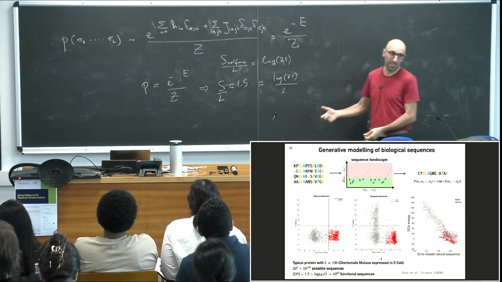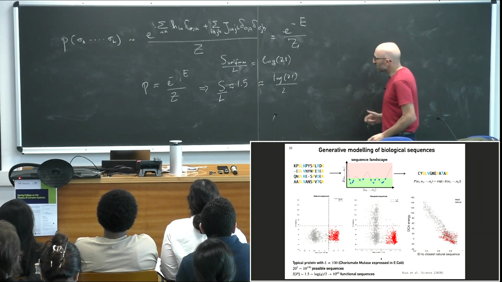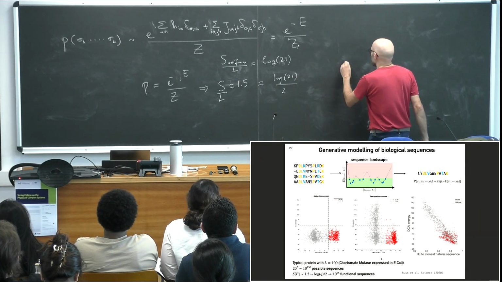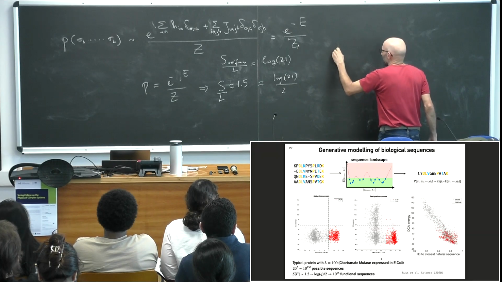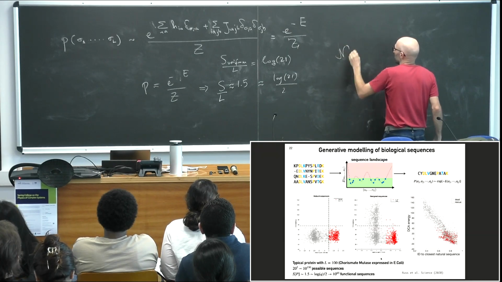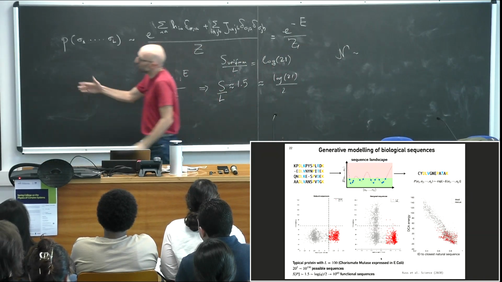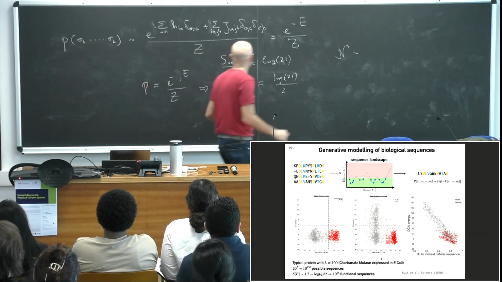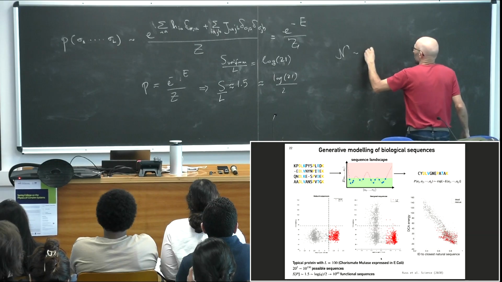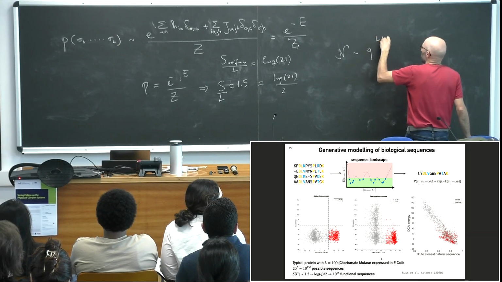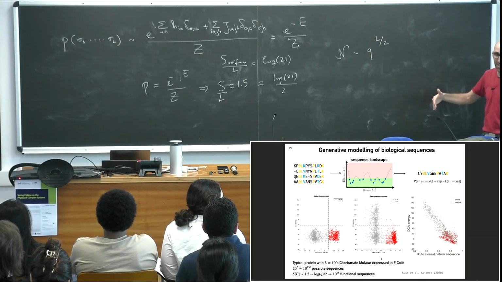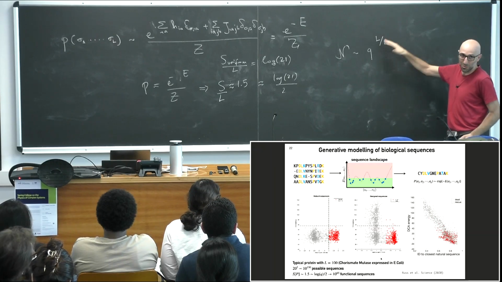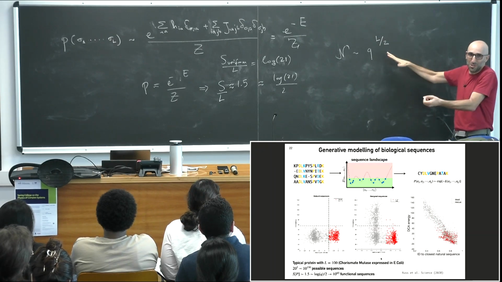So this means that the number of sequences that you can generate that have the right energy is of the order of Q to the L over 2. Because the entropy is divided by 2, the number, which is the exponential of the entropy, is the square root. This is still huge, okay?